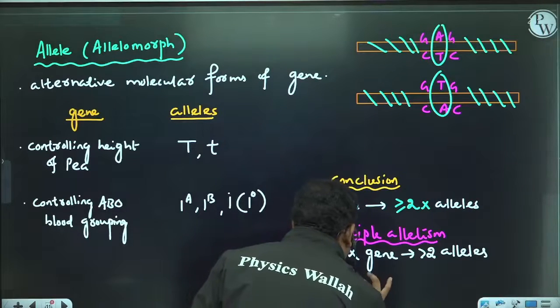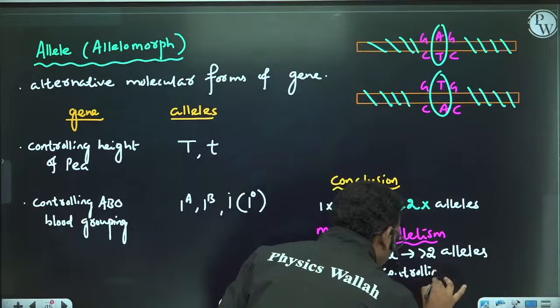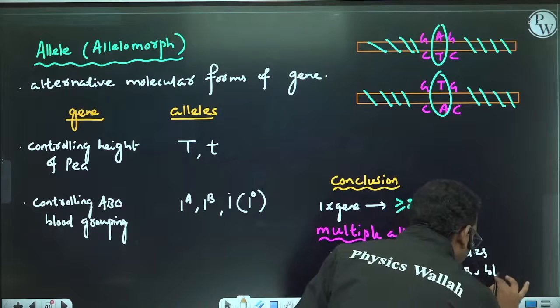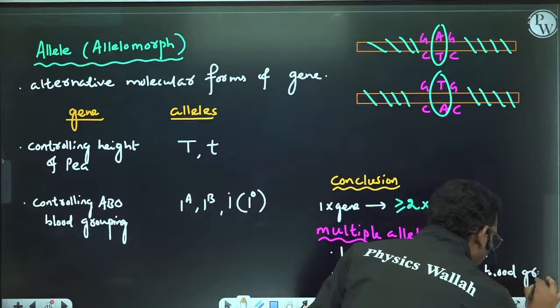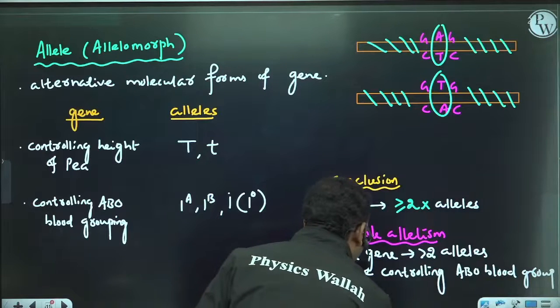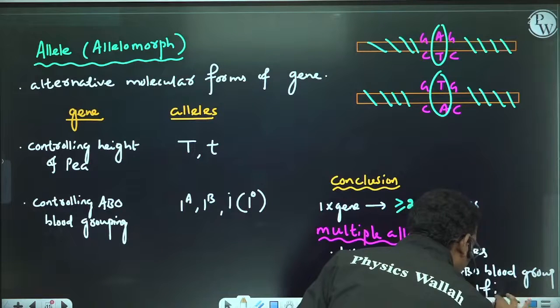Gene controlling ABO blood grouping, and another example, gene controlling self-incompatibility.